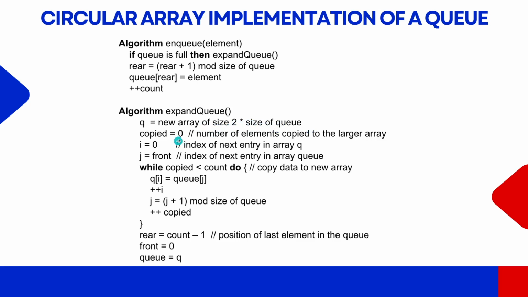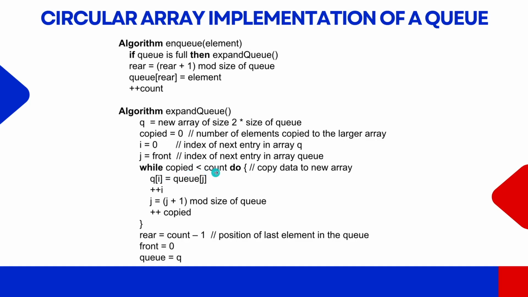This variable is just to keep track of the elements being copied to the new array, and we have a variable named i. It marks the index for the array q, and j is a variable that points to front. So it is the index of the next entry in the array q.